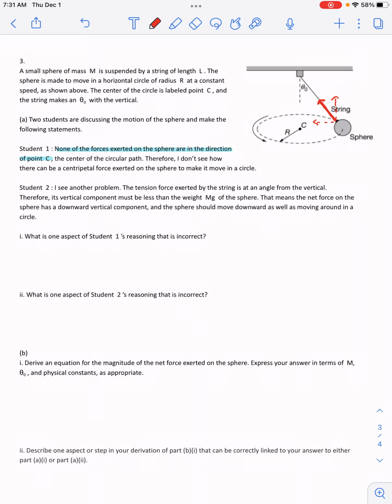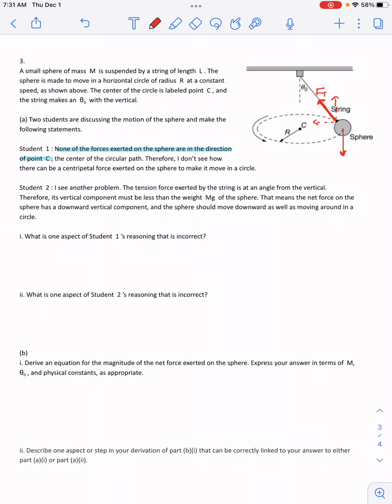Additionally, there's also the component of weight pointing downwards like this. So those would be the forces we would be concerned with, and so there is a force that does point towards the center. It's just not all of the force. In this case, the tension force has a component in the x direction towards the center.